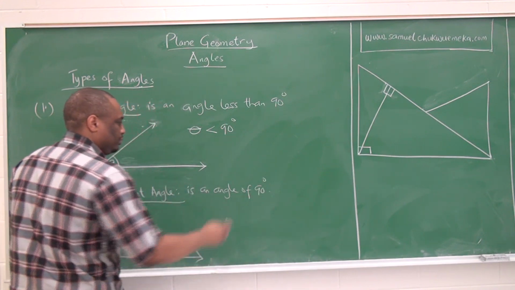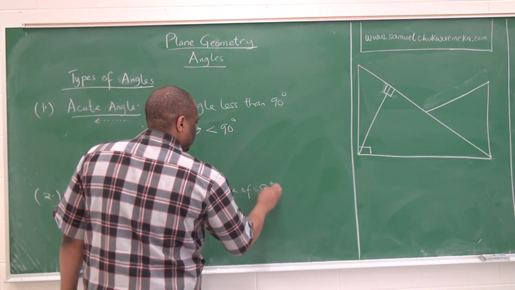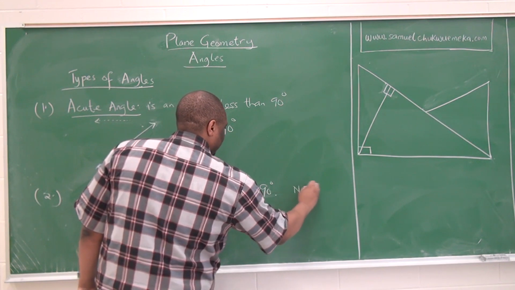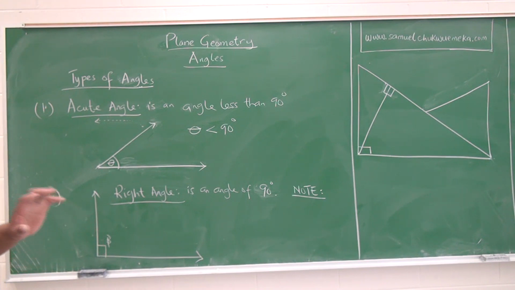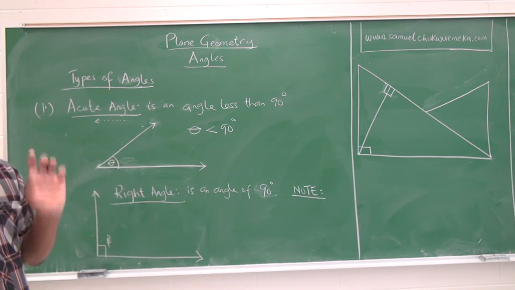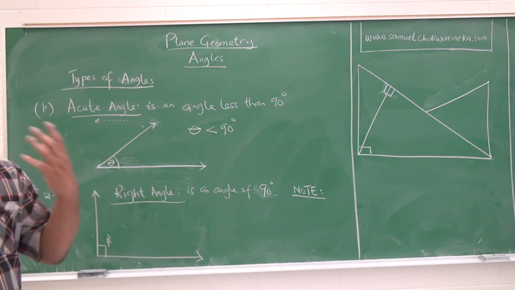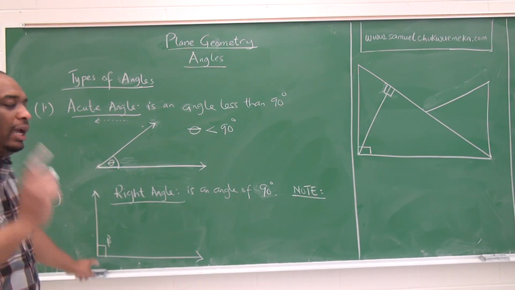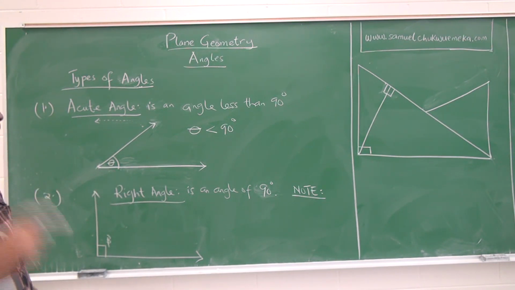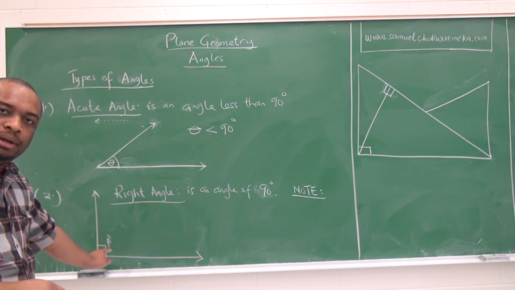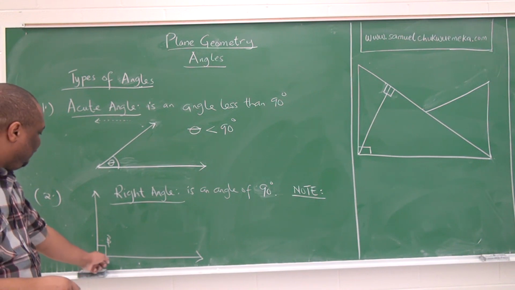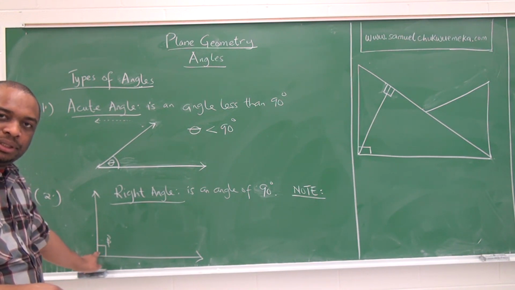Now, note, and you can write this down. It's very important you take note. You can write it down on your paper. In all the questions we do on geometry, in the videos that we will still do on this geometry, you will be told that it is a right angle, or you will see a small rectangular box.